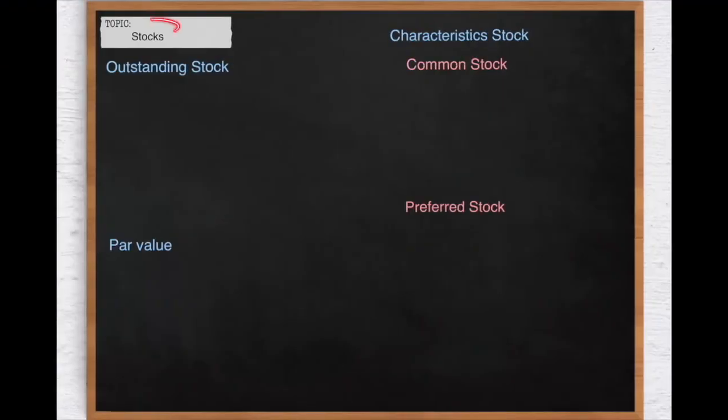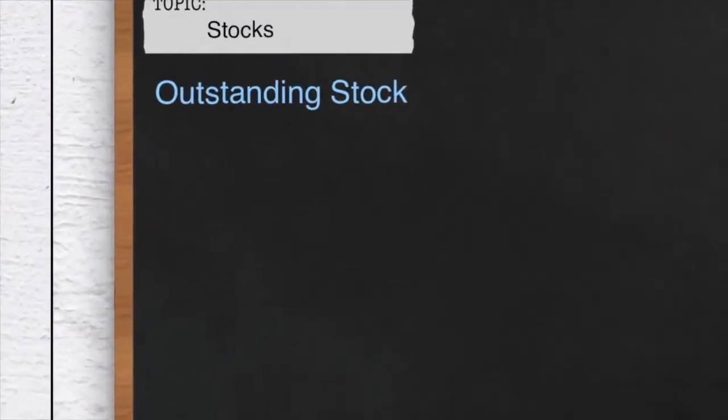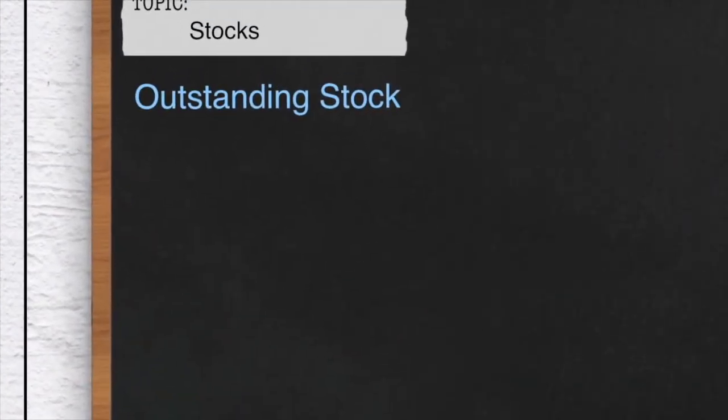Next, let's go over stocks themselves to get you familiar with what stocks are. Before we do, let's talk about outstanding stock. Now, this term can get a little confusing, so we're going to go over terms related to the term outstanding stock. First of all, there's a phrase called authorized shares. Shares is another word for stock.